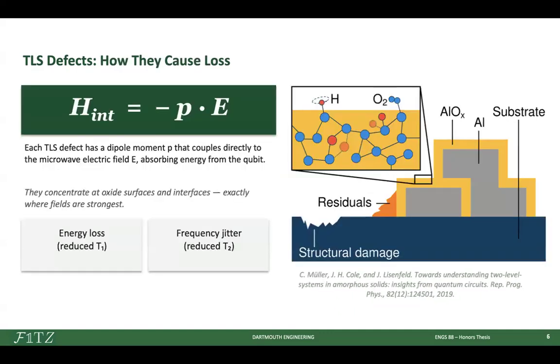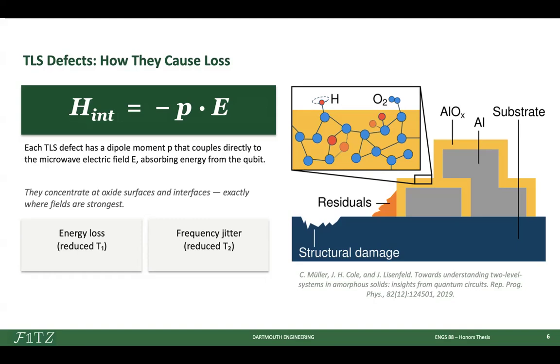So now that we know a bit of what they are, why do they matter to us? Well, each TLS defect has a dipole moment that couples directly to the microwave electric field within our devices. That can be represented by this interaction Hamiltonian here. Now, these defects tend to concentrate at oxide surfaces, which makes it increasingly painful because that's where the electric field is at its strongest.